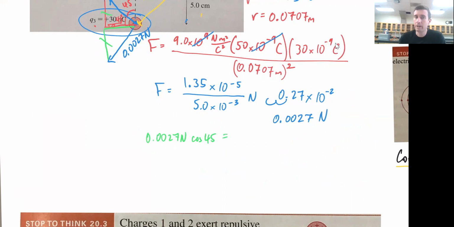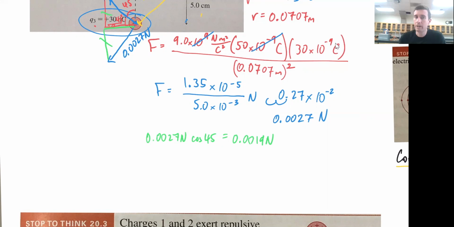And that'll give me my horizontal component. And that's 0.0019 newtons. Okay, so now I know that the horizontal component is that much, but I have two of them.